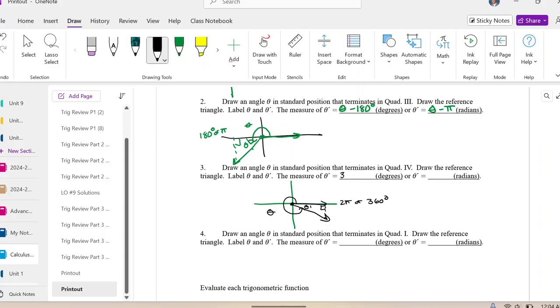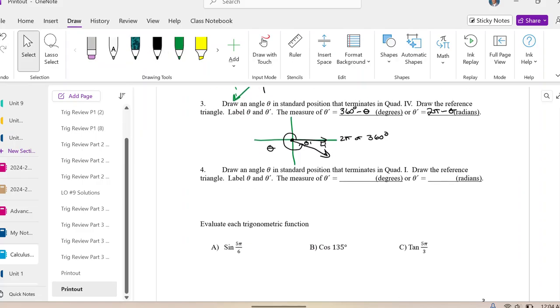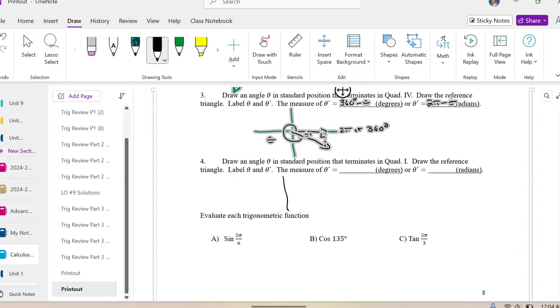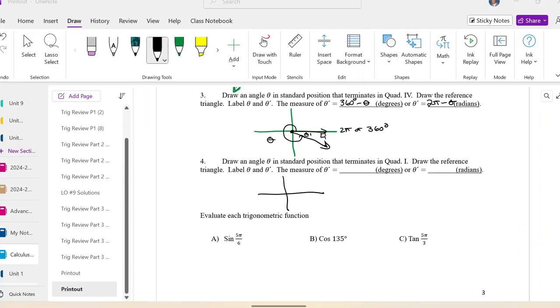So you're going to go 360 degrees minus theta to give you the reference angle, or 2 pi minus theta. And last but not least, in the first quadrant, the angle and the reference angle are exactly the same.